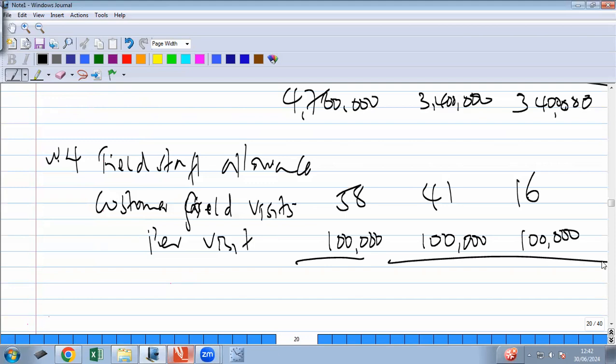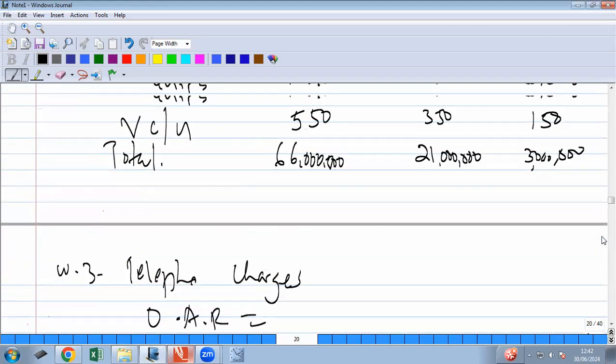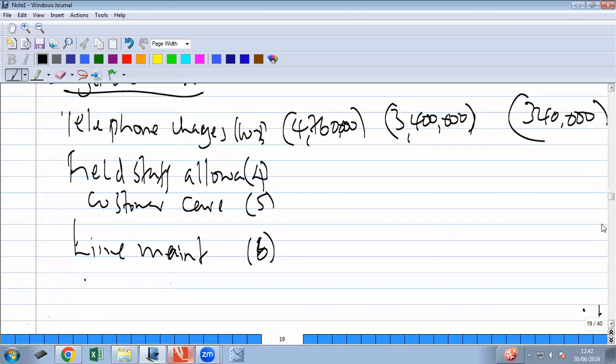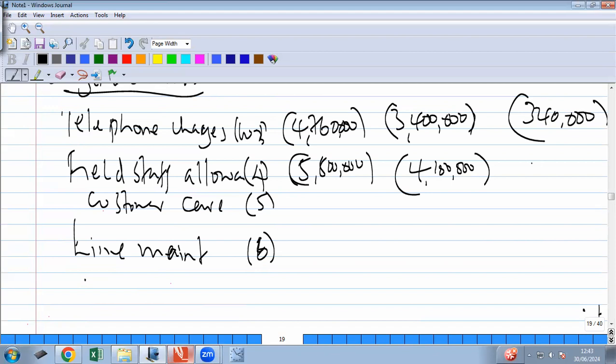Give me the figures, transfer them here. 5.8. Then 1.6. 6.